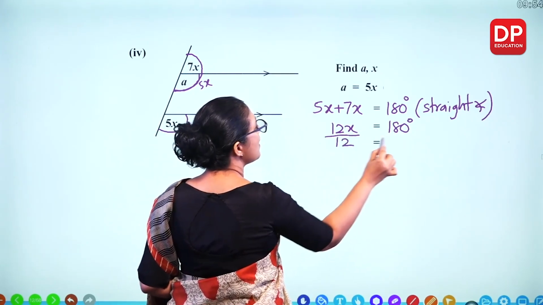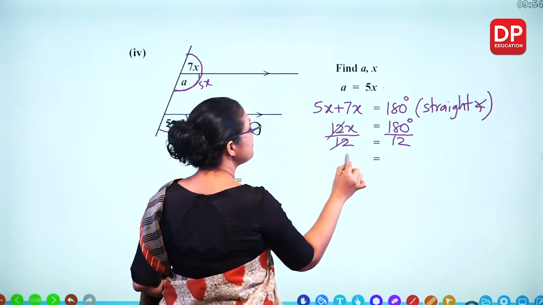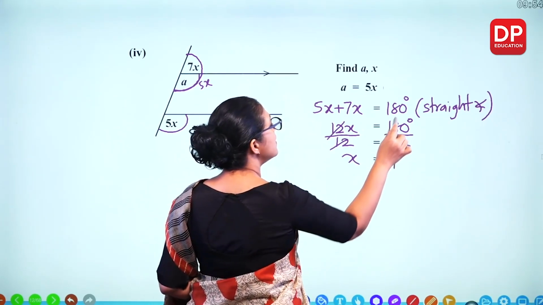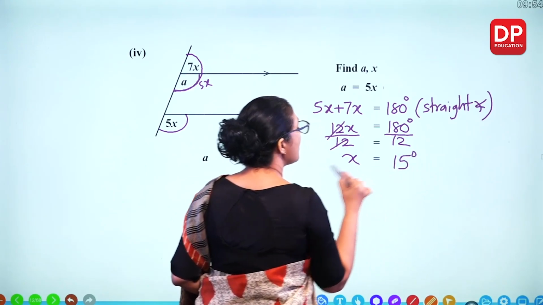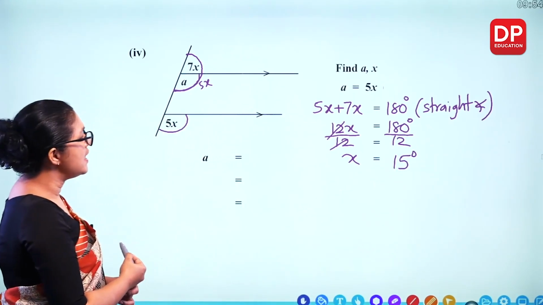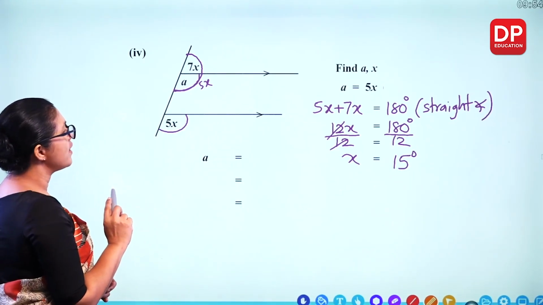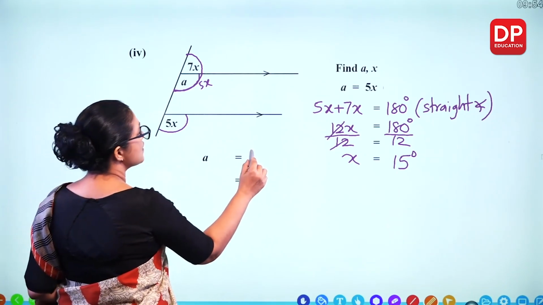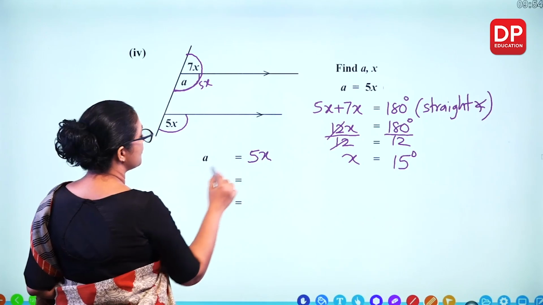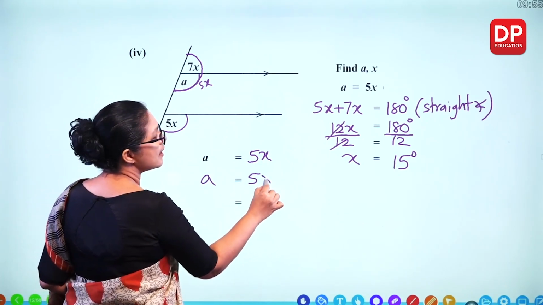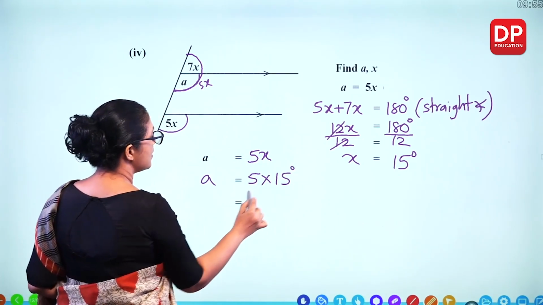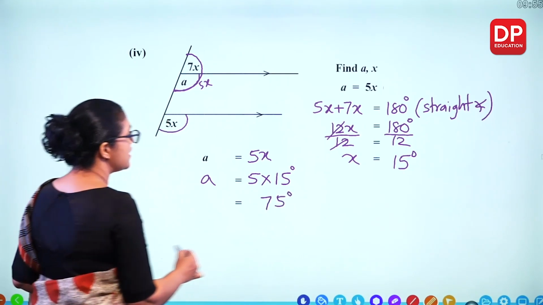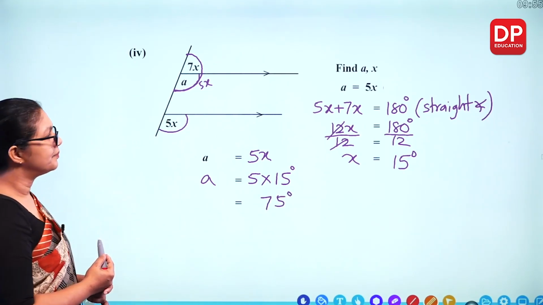Divide both sides by 12. 12 times 1, 12. For 60, that's 5. So x is 15 degrees. We found x is 15 degrees. So what's A? A is 5x. So you can multiply 15 by 5. So what's the answer? 75 degrees for A angle.